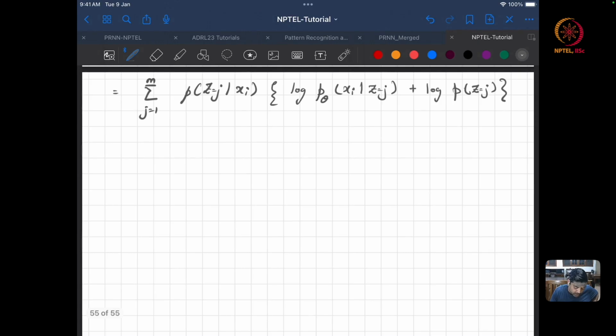Now this I can substitute. I know this value, I know this, I know this. I can easily substitute all of them.